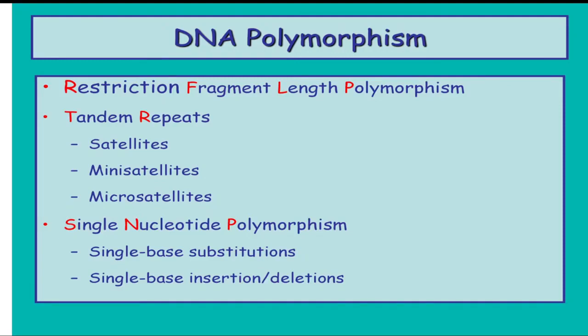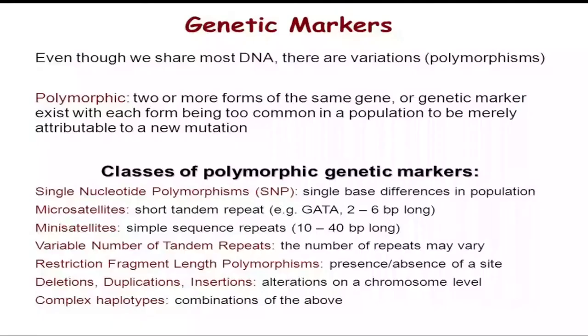There are many types of polymorphism. This is restriction fragment length polymorphism, tandem repeats, single nucleotide polymorphism. Single nucleotide polymorphism is single base differences in the population. Microsatellites, short tandem repeats, are 2-6 base pairs long.